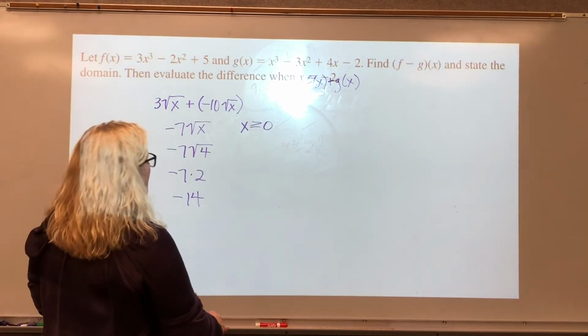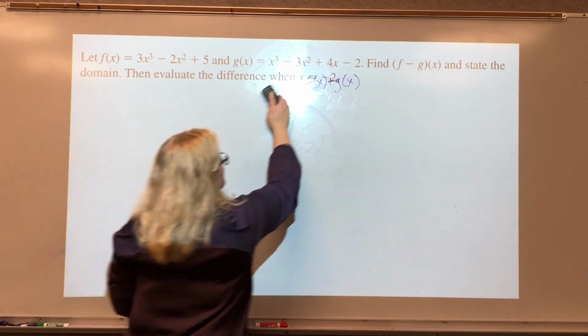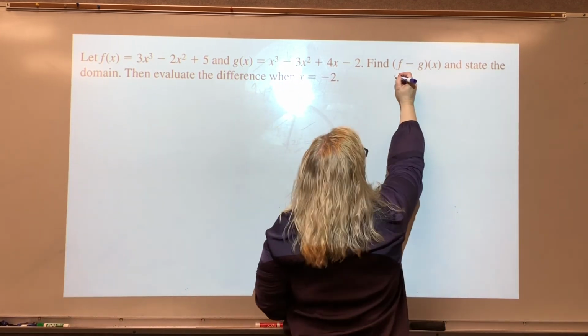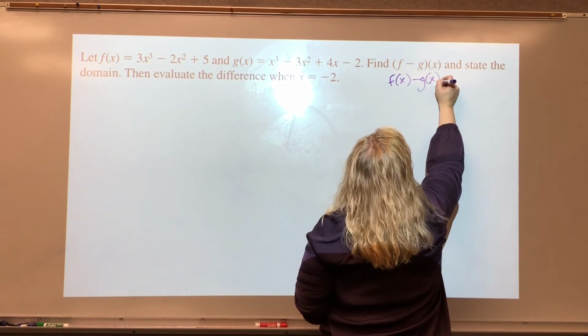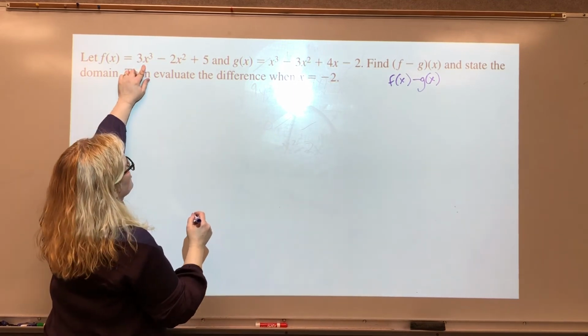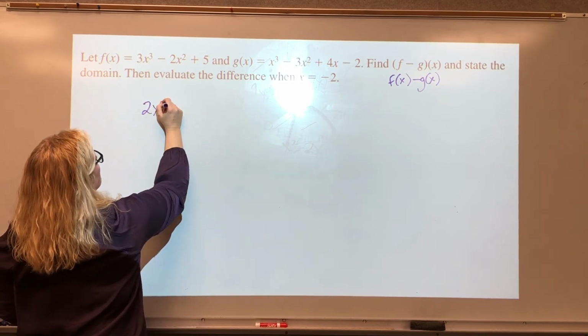Okay, here's another one, and this time they want me to subtract. So they want me to find f minus g of x. Remember, this is f of x minus g of x. Okay, so if I do that, I have 3x cubed minus x cubed is 2x cubed.